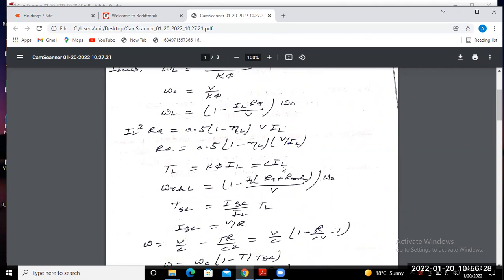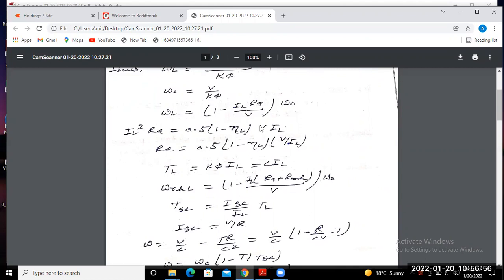Okay. So for omega RH, the rheostatic load resistance, just put here the value of IL, that is nothing but TL by C. If you simplify these two equations, you will get the value of omega RH equal to 1 minus IL into (RA plus RH).